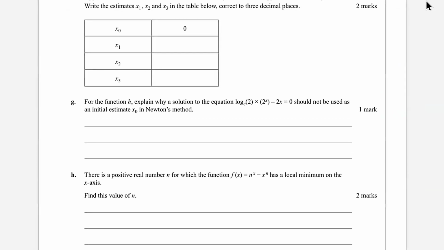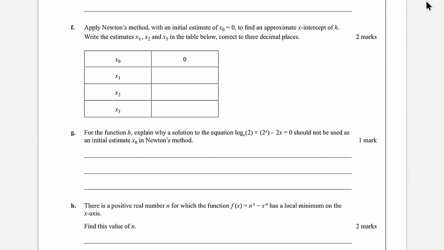So there are certain situations where Newton's method fails. Newton's method fails at stationary points, right? So if this was x1, you can't use Newton's method at x equals x1 because you get a horizontal line, and a horizontal line can't intercept the x-axis, so Newton's method will fail there.